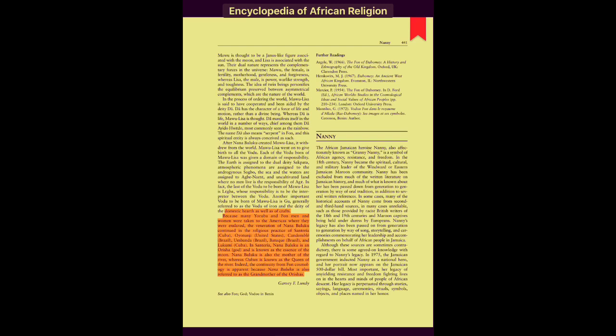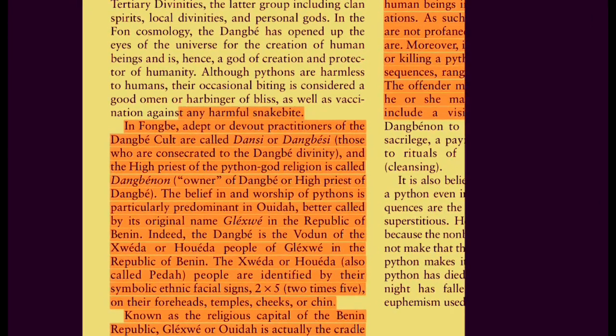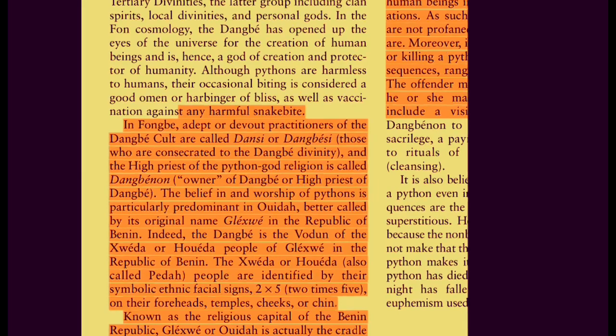So we're going to go very briefly into the ports of Whydah, see where the people came from, etc. I just wanted to add one more thing from the Encyclopedia of African Religion in regards to the Fon people and Whydah.